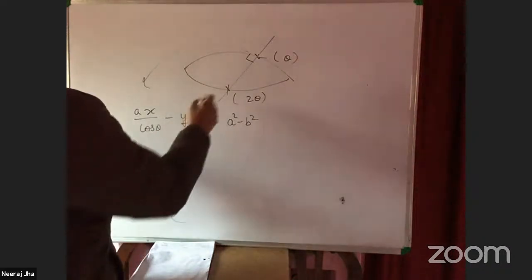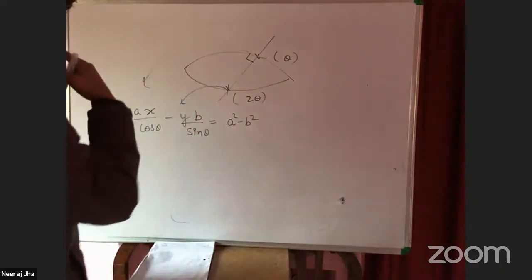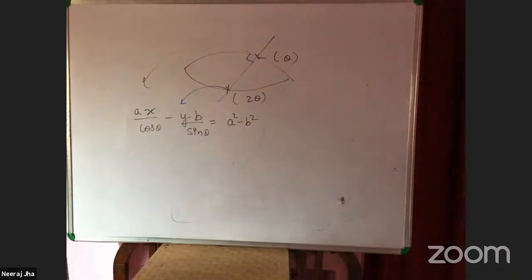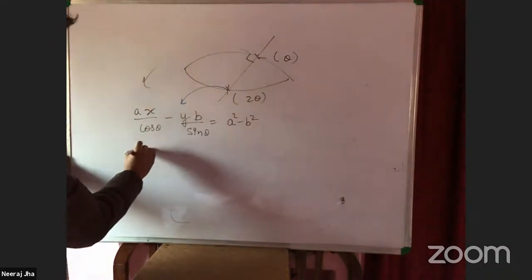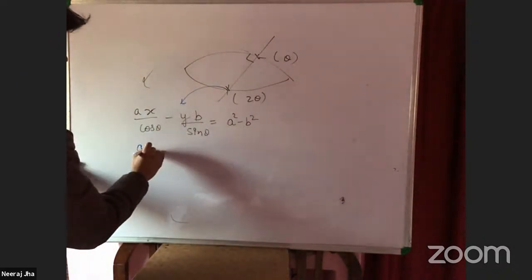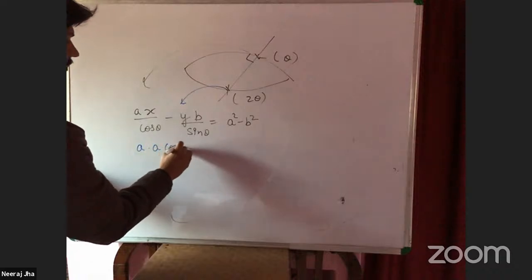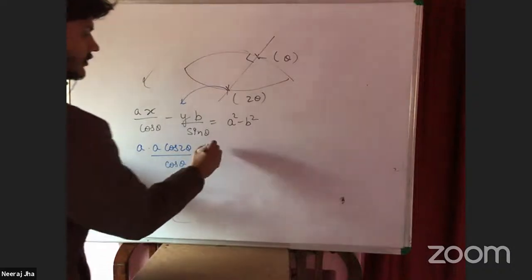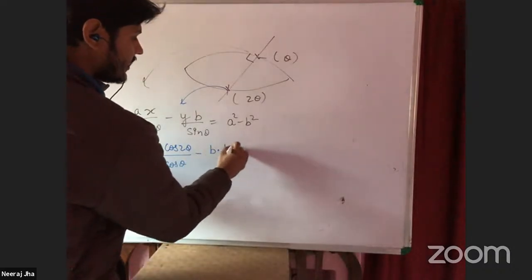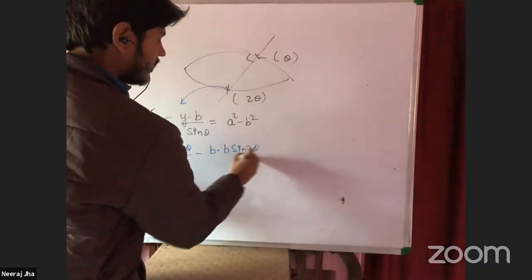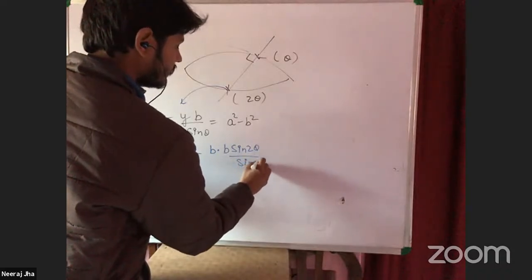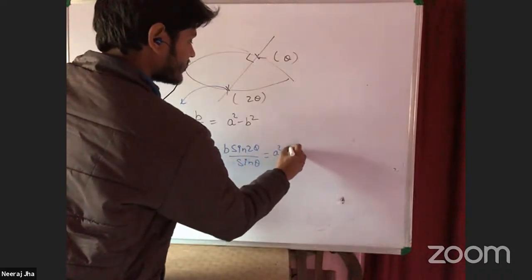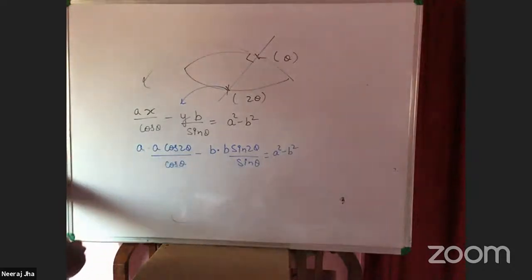Chalo. Now this normal will pass through 2 theta. So what is 2 theta? So a into a cos 2 theta upon cos theta minus b into b sin 2 theta upon sin theta is equal to a square minus b square. So what is a square?